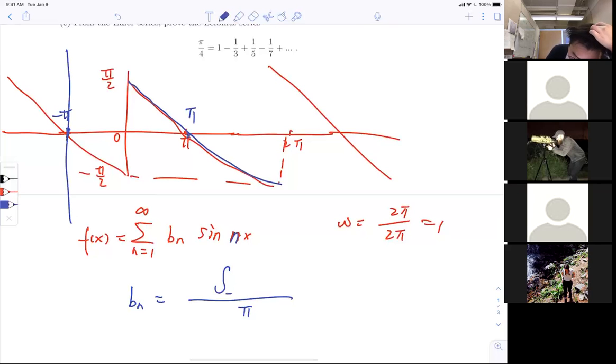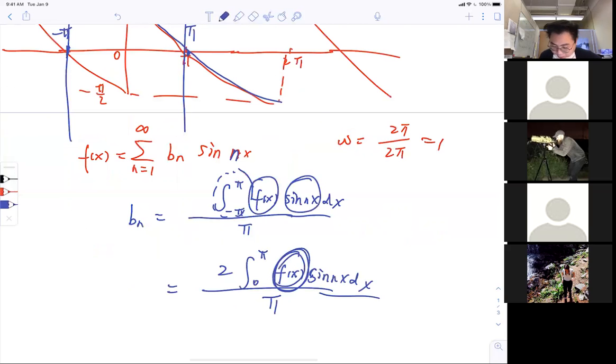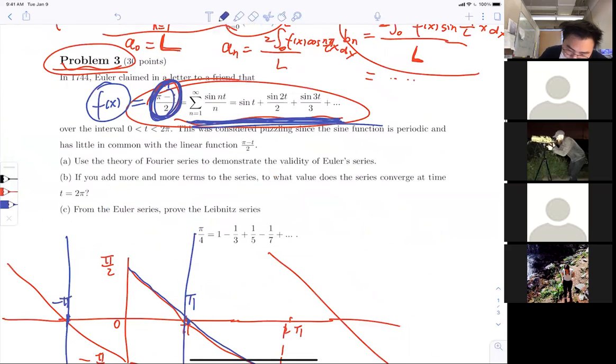So I just look at this part: the integral from minus pi to pi of f(x) sine nx dx, and I can convert this integral, because this is odd and this is also odd, to 2 times the integral from 0 to pi of f(x) sine nx dx. And what is this f(x)? f(x) is this guy.